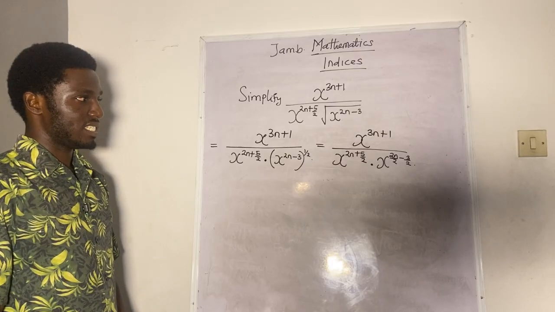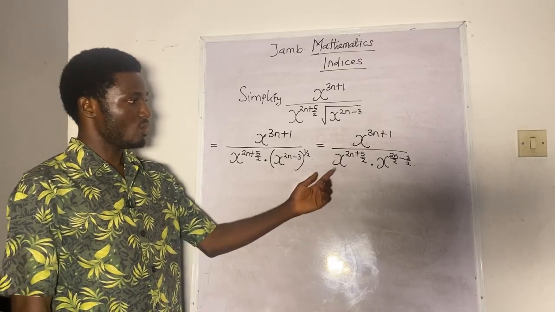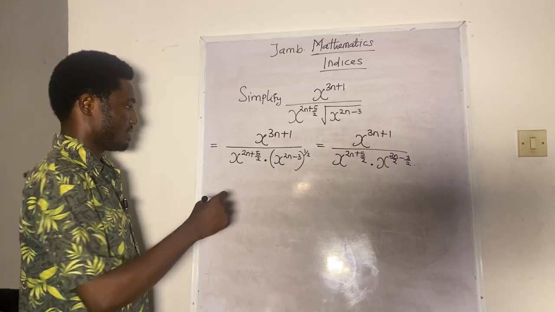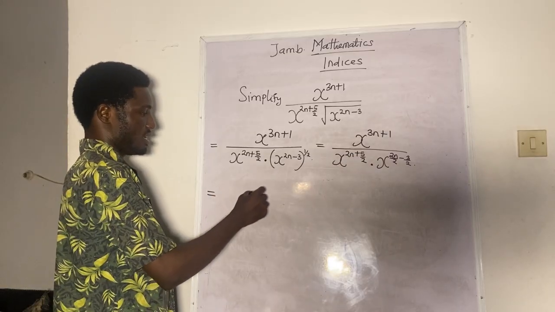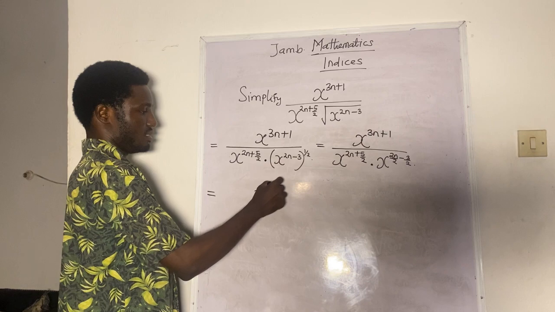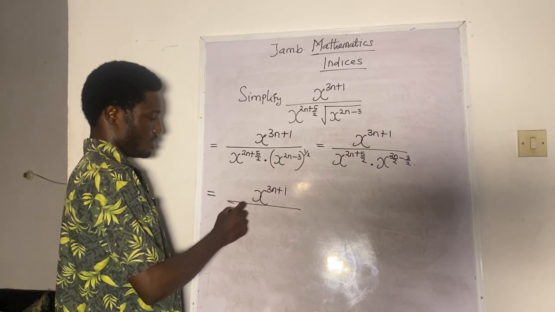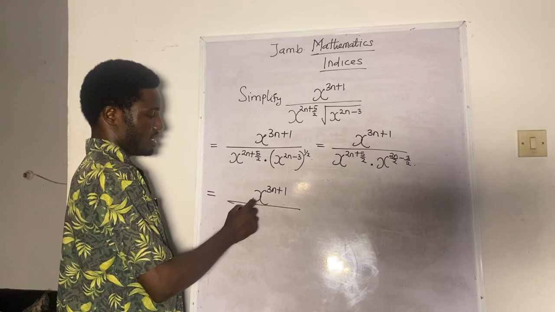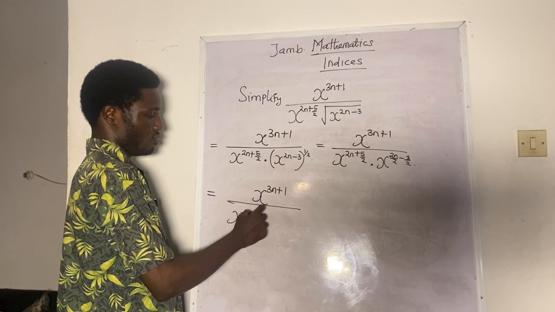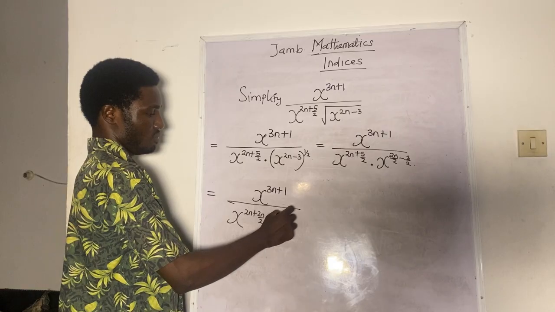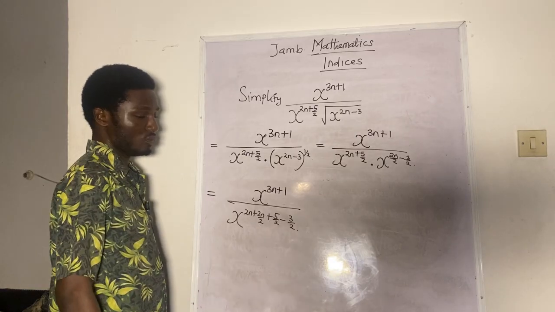Remember that in indices, when the bases are the same and you are multiplying, you add the powers. So that becomes x to the power of 3n plus 1 upon x, we pick one of the x, to the power of 2n plus 2n over 2 plus 5 over 2 minus 3 over 2.